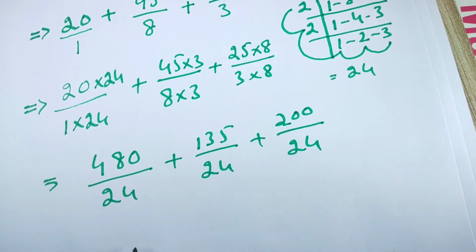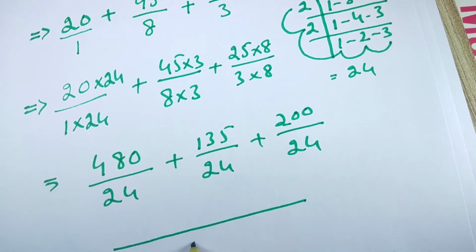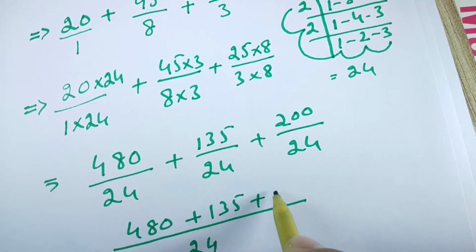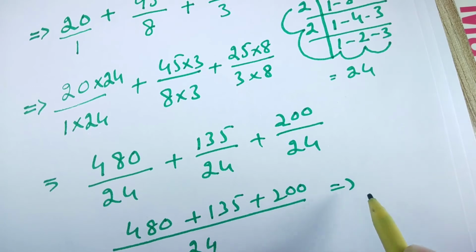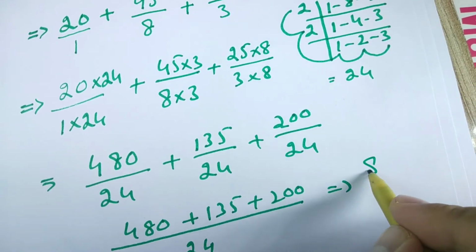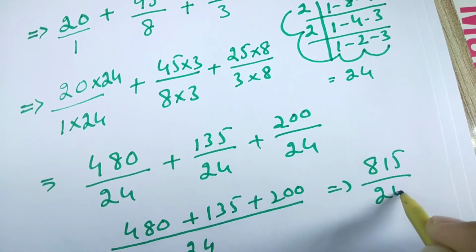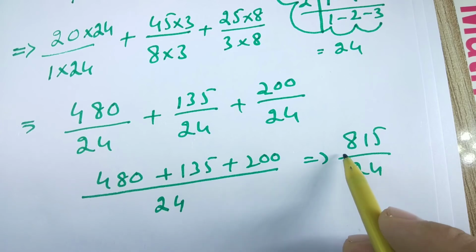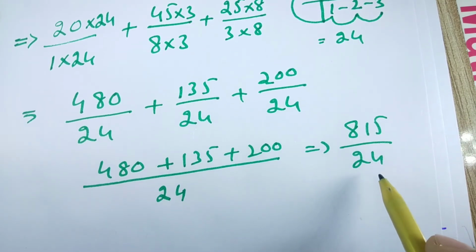So the LCM is 24. Now our answer is 480 plus 135 plus 200, that's equal to 815 divided by 24. First answer becomes this, 815 divided by 24.